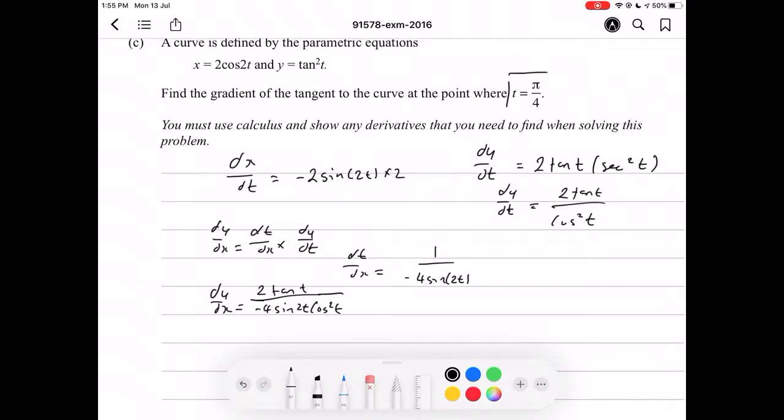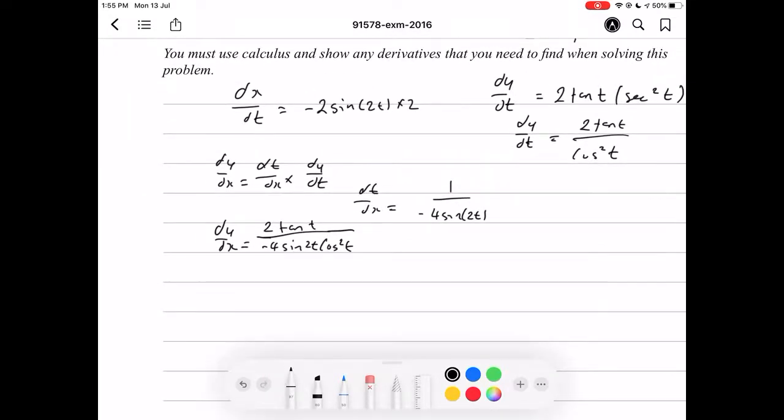And now our next step is just to substitute the point t equals pi over 4 to find our gradient. So dy over dx equals 2 tan of pi over 4 divided by negative 4 sine of 2t. So 2t is pi over 2, so sine pi over 2, cos squared of pi over 4. And once again, it's just a bit of calculator work. So just substitute all the numbers in radians.